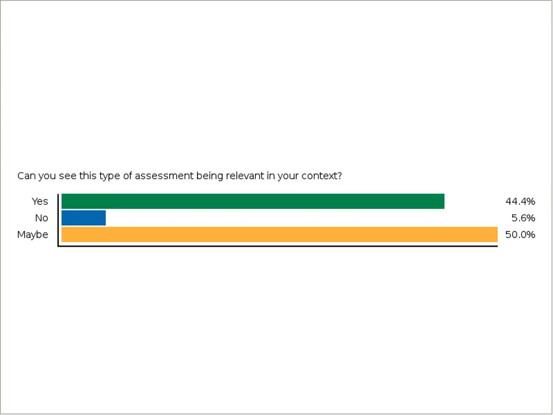We're trying to add to the vocabulary rather than take away from it, and I am very conscious of that.